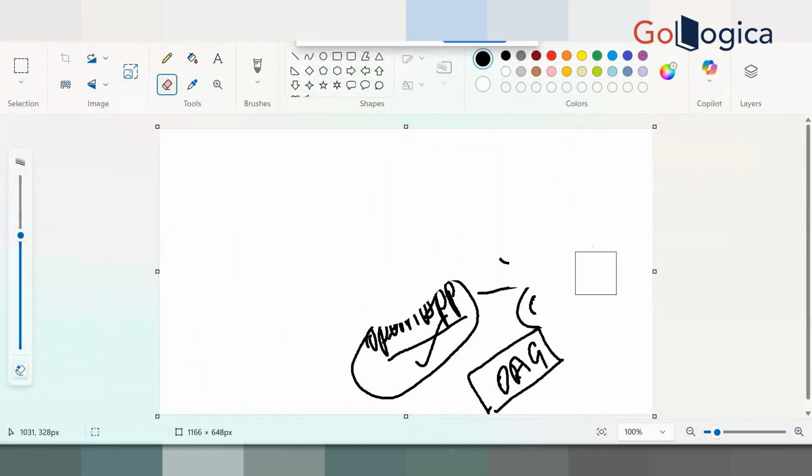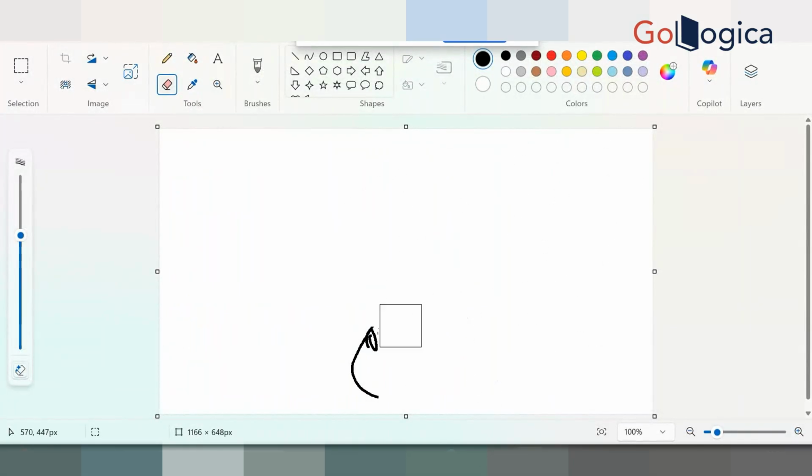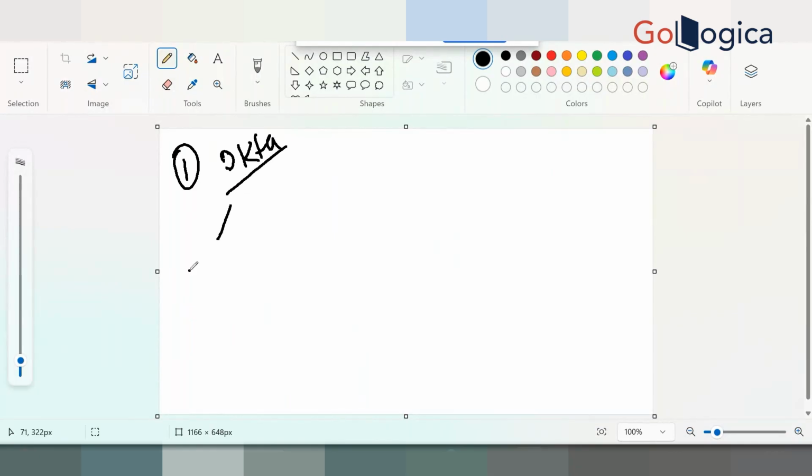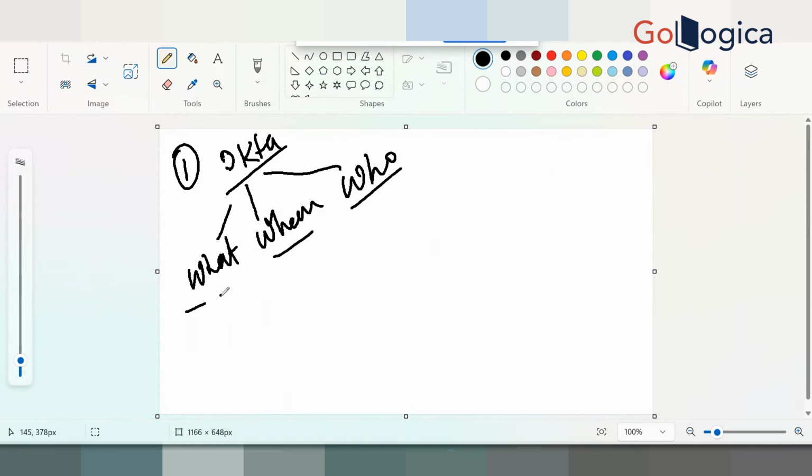What we have learned so far is what exactly Okta is, what Okta does, where Okta is used, and who Okta is for. These are the three things we have learned about Okta.